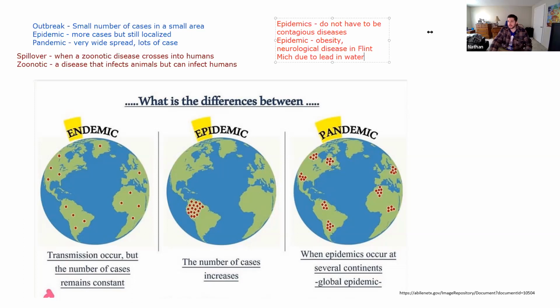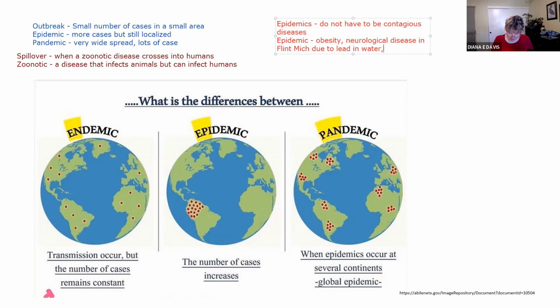I know it's not in a traditional sense, but would the opioid epidemic be one of those? Yep, the opioid overdose and use problem is definitely something that we could consider an epidemic. Absolutely.